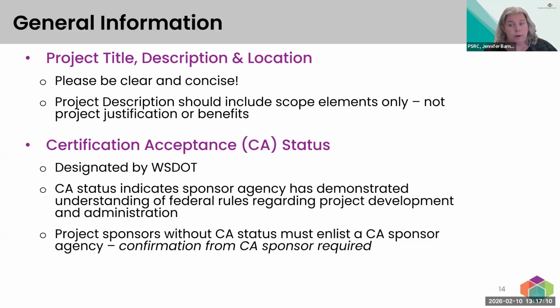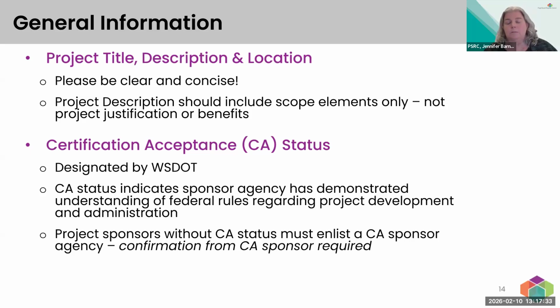So there are extra requirements that go with federally funded projects. For any agency that doesn't have CA status, and there is a link in our guidance to WashDOT's website that lists all the agencies that have it, the requirement is that a CA sponsor must be enlisted.